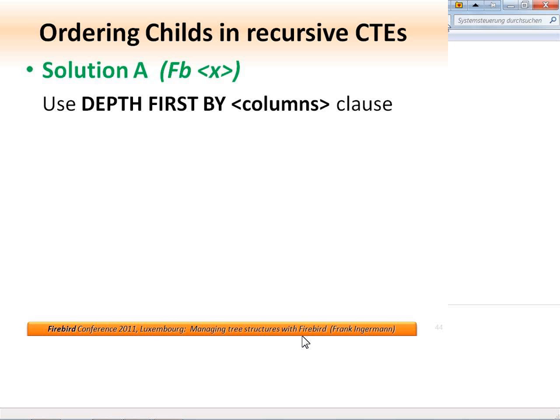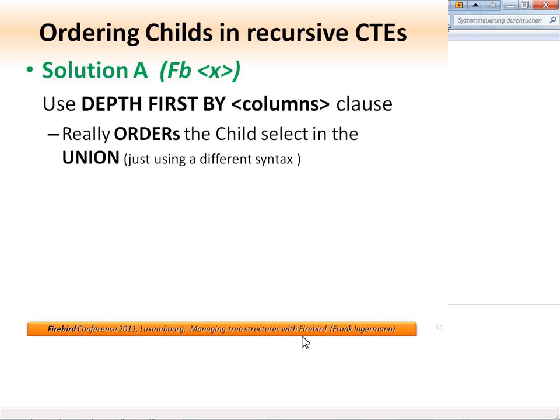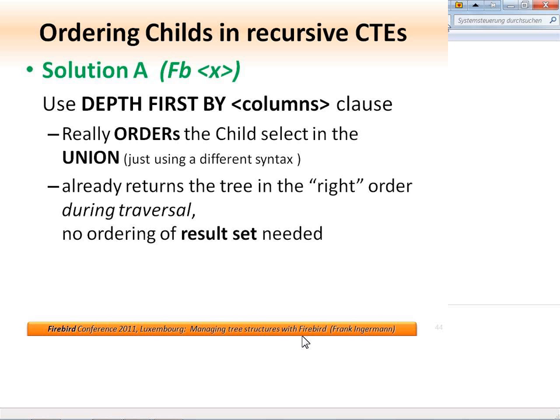And the good thing about it is that this will really order the child select just the way we want it. It's actually just the same as doing the order by on the child select. This means that the data comes out of the select in the right order.